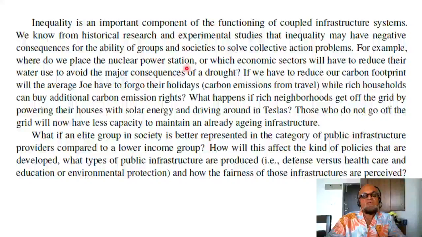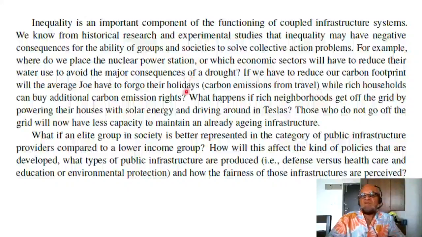Whether it's a wastewater treatment plant, a coal power plant, or a nuclear power plant, there are a lot of details involved in how the groups decide these things, and how the inequalities can play into someone paying a disproportionate price in terms of taking all the pollution, or living next to a dangerous facility like a nuclear power station, or enjoying water when there is a drought beyond their fair share.